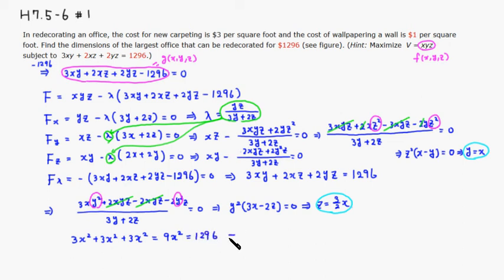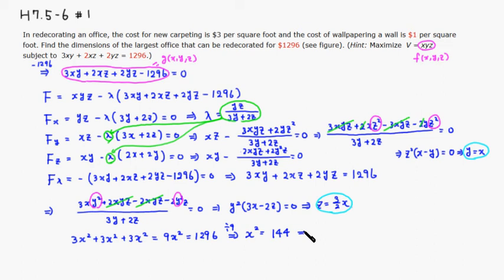Right? Divide through by 9. x squared is equal to 1,296 divided by 9, which is 144.